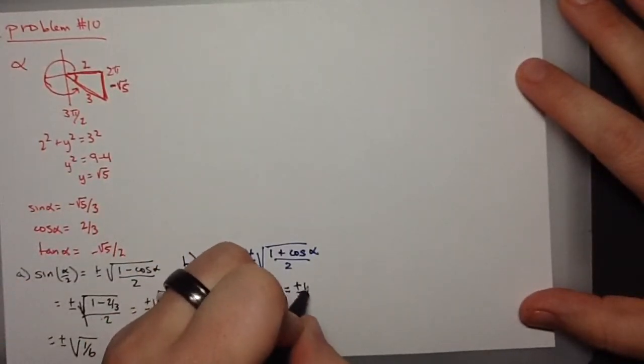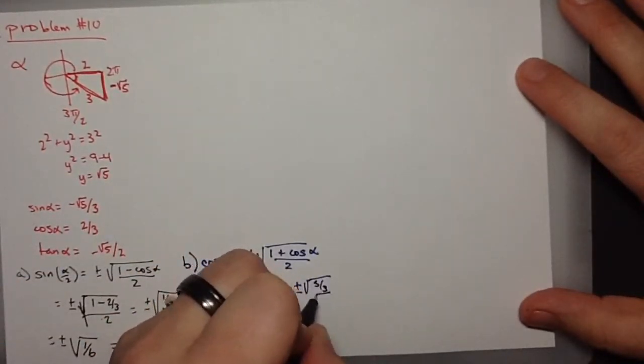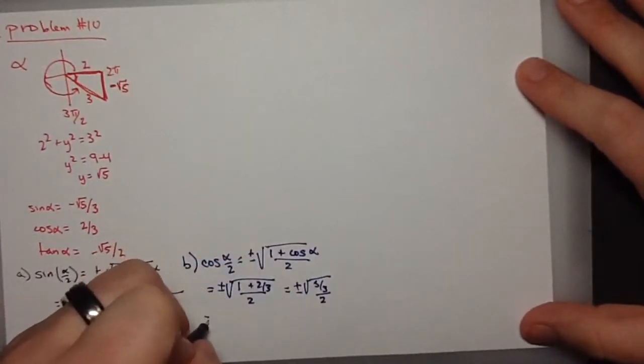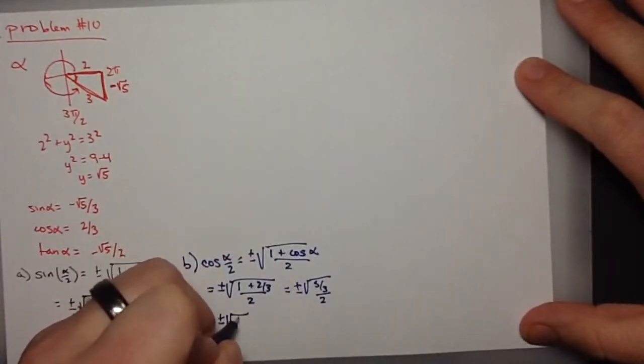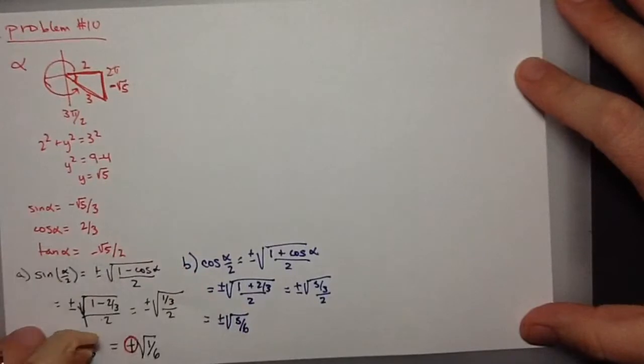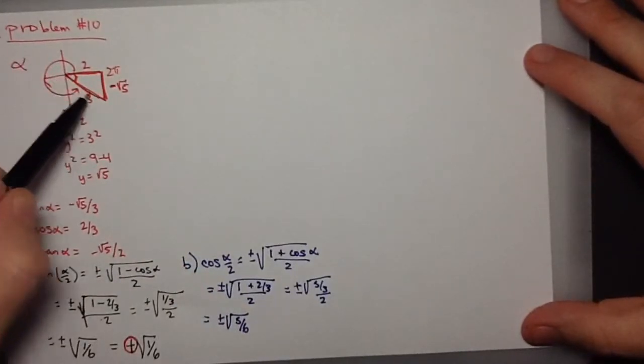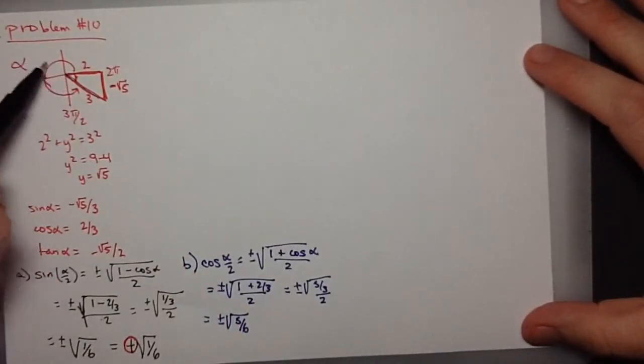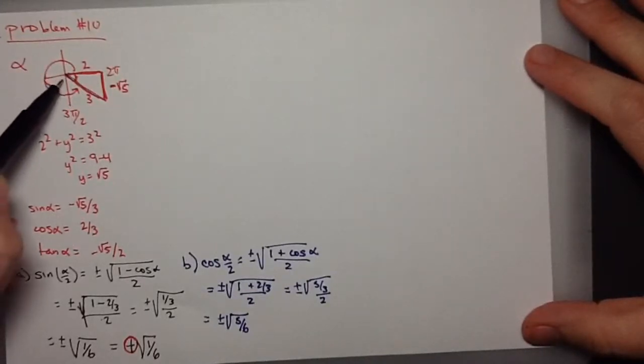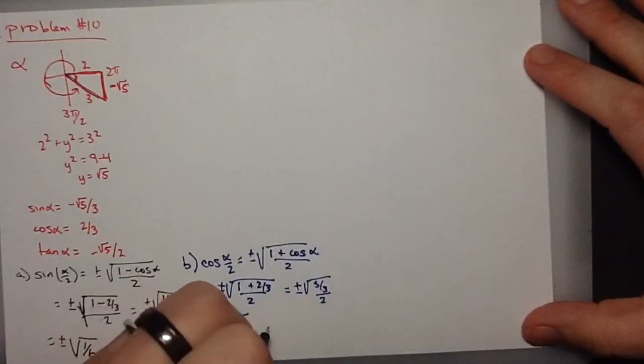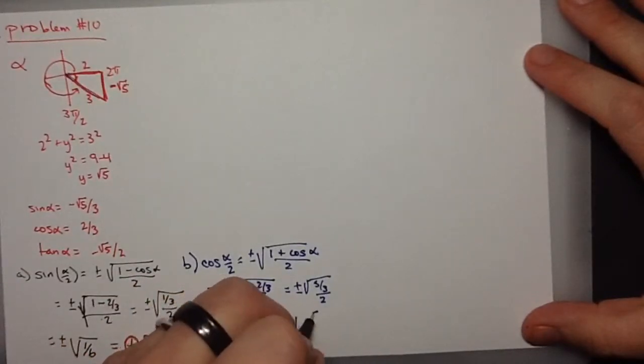So this is plus or minus the square root of 5/3 over 2. So again, plus or minus the square root of 5 over 6. Now again, if this is alpha, then half alpha will be in the second quadrant. Cosine tells you about the x, which is negative. So this is negative square root of 5 over 6.